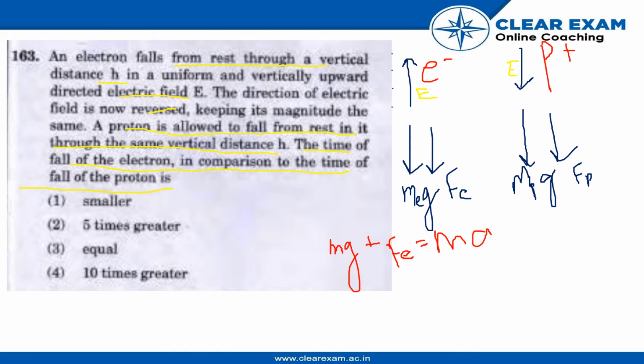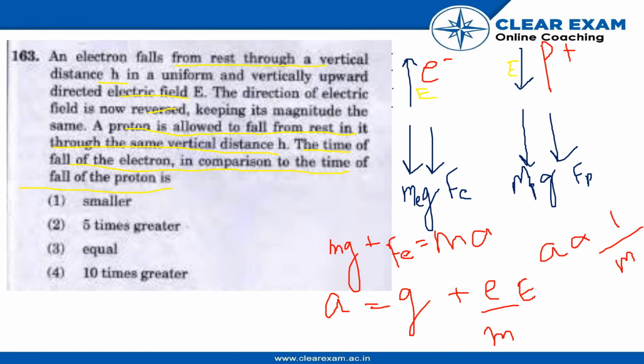From here, in both cases, we will get that a equals g plus (E by M) into E. So that shows us that a is inversely proportional to M.